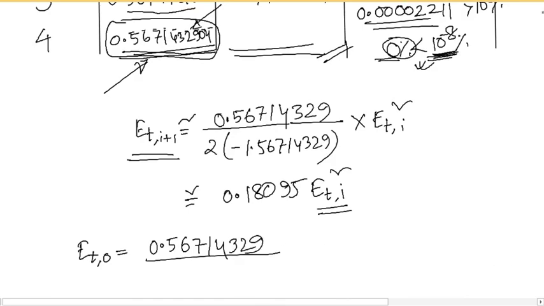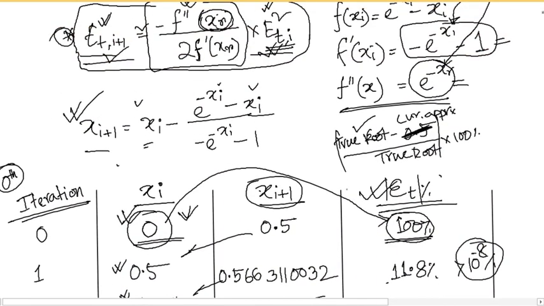The true error E_t is nothing but the true value minus the approximation, and as the approximation is 0, it equals the true value in the first case.